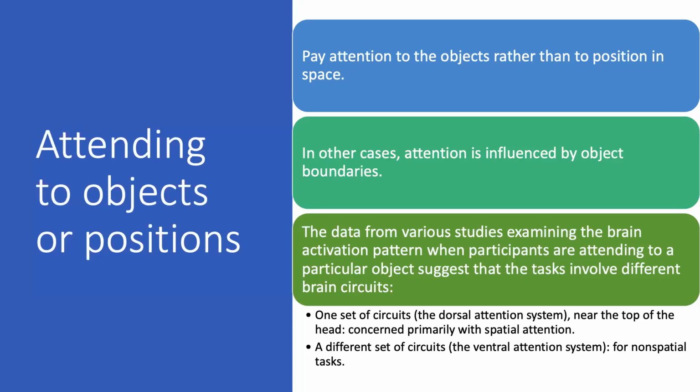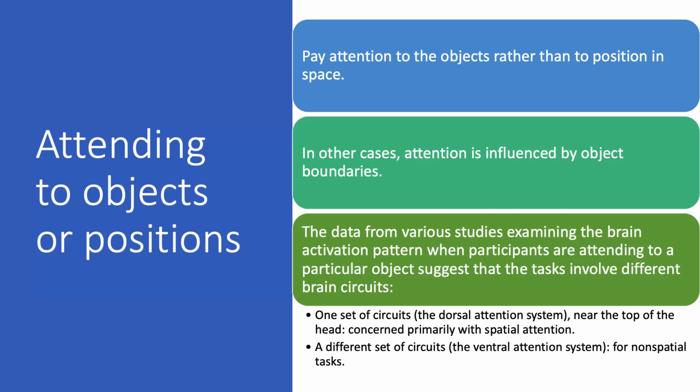Attending to objects or positions. Sometimes you pay attention to the objects rather than to position in space. In other cases, attention is influenced by object boundaries. The data from various studies examining the brain activation pattern when participants are attending to a particular object suggest that the task involves different brain circuits.